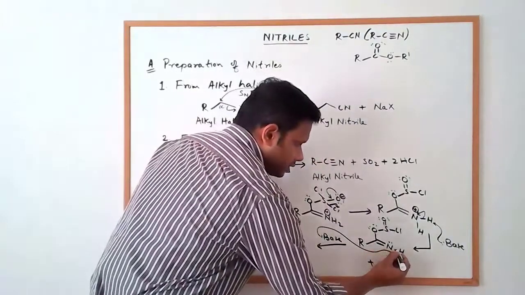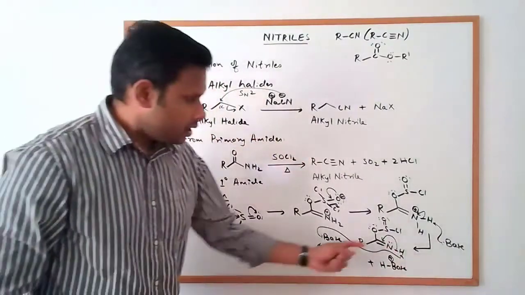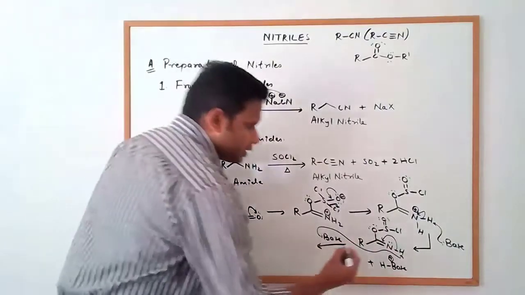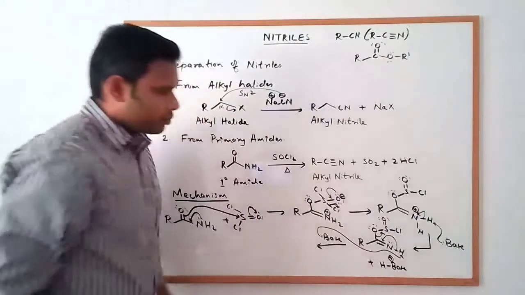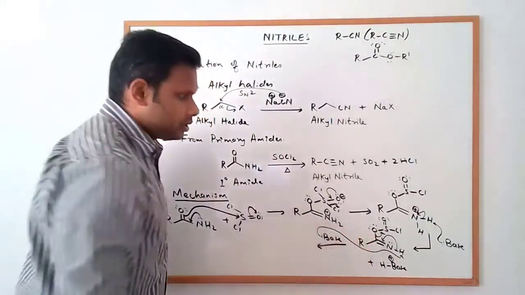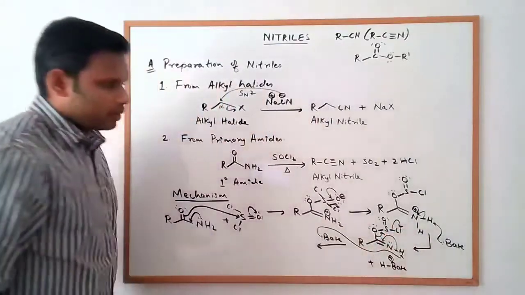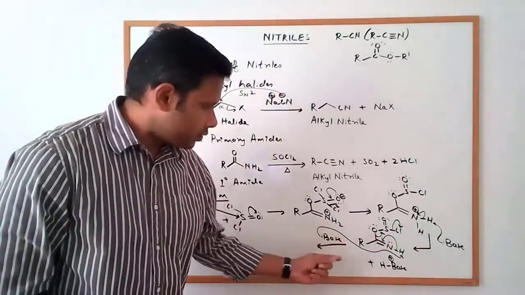As that happens, the bond between the nitrogen and the hydrogen becomes the triple bond between the carbon and the nitrogen. Simultaneously, the leaving group leaves, so the oxygen-carbon bond breaks. You get a double bond to sulfur, and that would kick out a chlorine. So a couple of electron pushes are happening simultaneously.